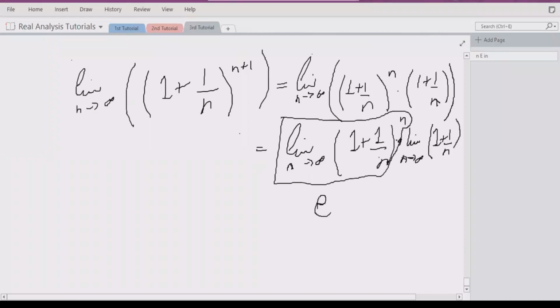The main point to note is that whatever is given in the bracket, the argument is n, so the same thing must be placed in the power, which is n. These two must be the same. Whenever they are the same, this limit is e times the limit as n tends to infinity of 1 plus 1 over n.